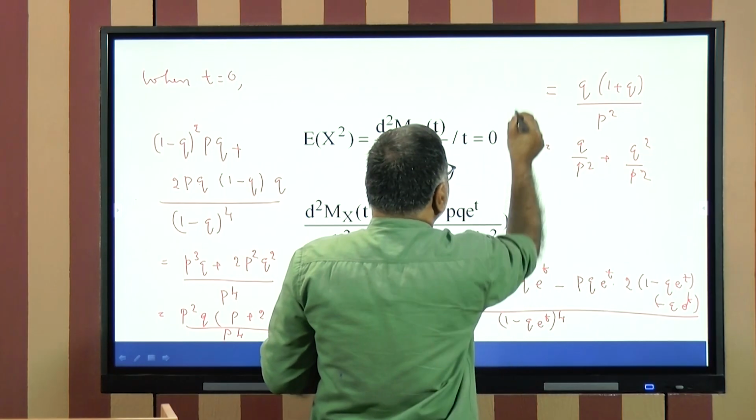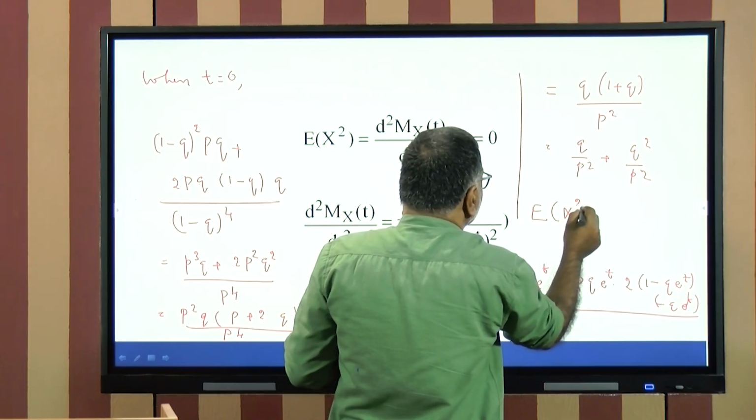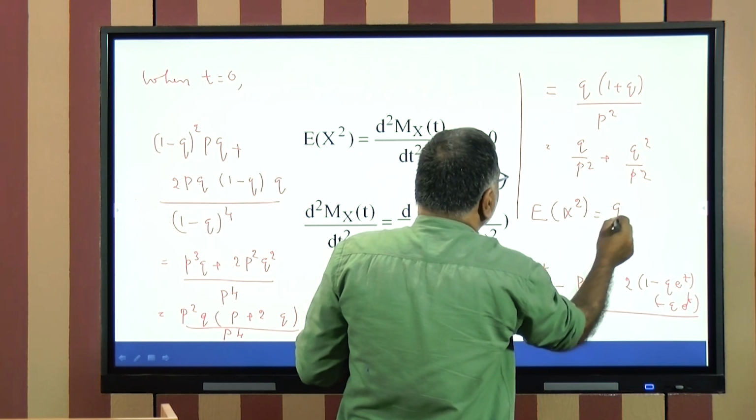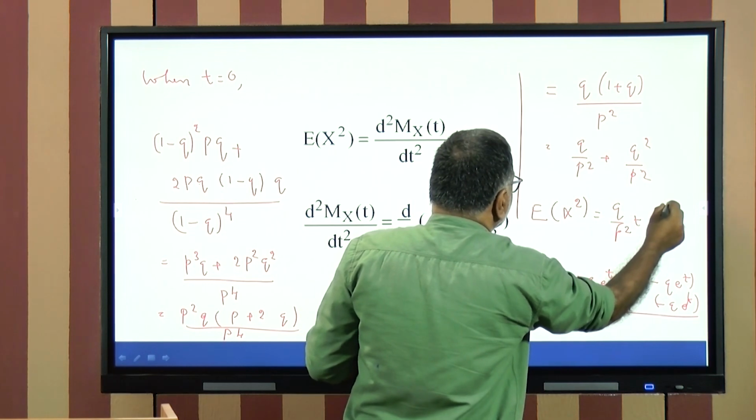So, what is the result? The expectation of x square is equal to q divided by p square plus q square divided by p square.